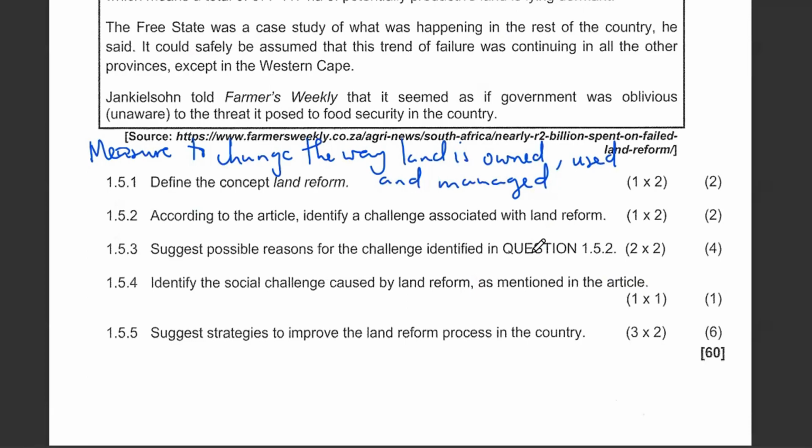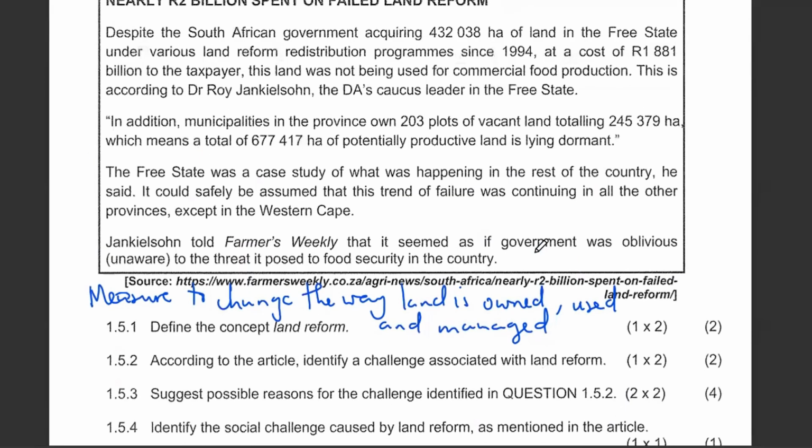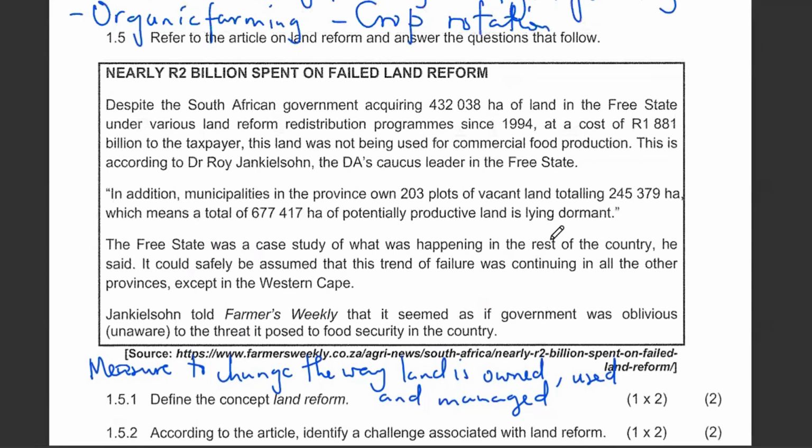According to the article, identify a challenge associated with land reform. Right, we go to the extract. The challenge is here. It says in Free State under various land reform distribution programs since 1994 at a cost of 1,881 billion to the taxpayers, and this land was not being used for commercial food production.